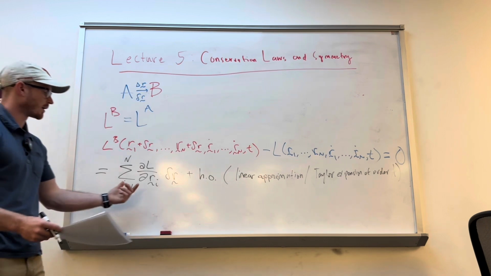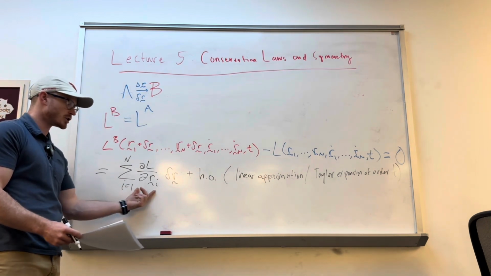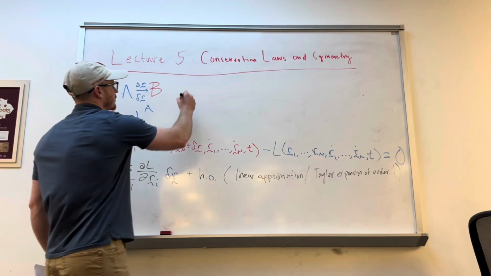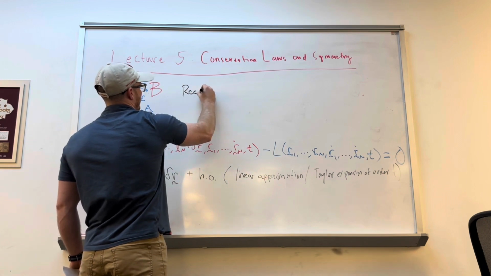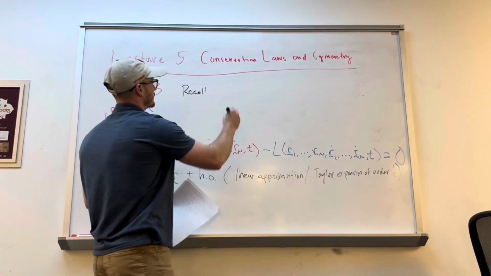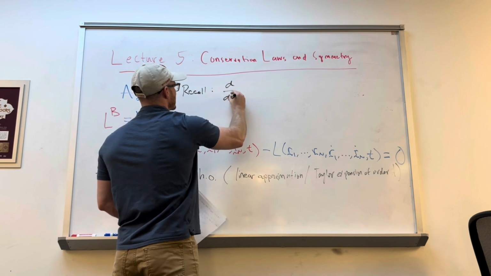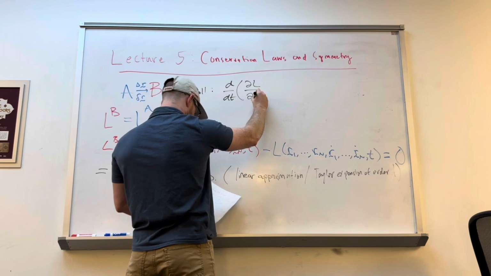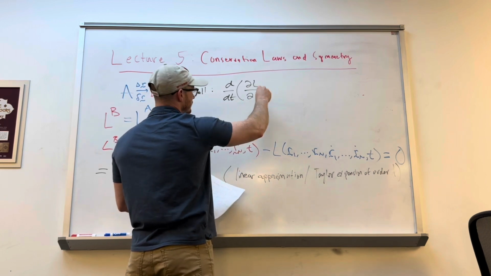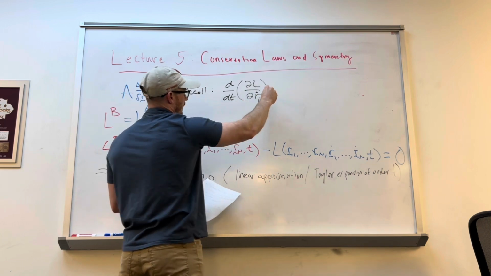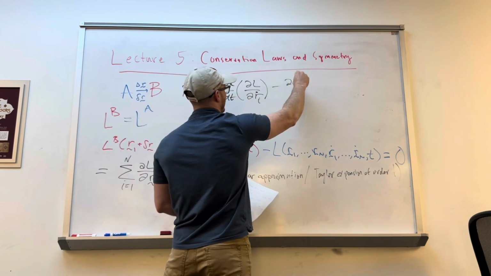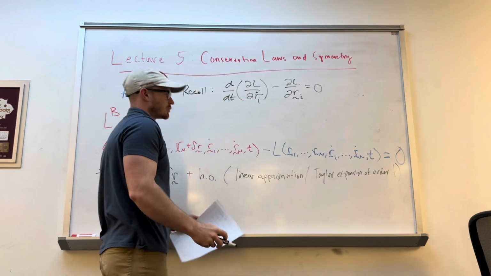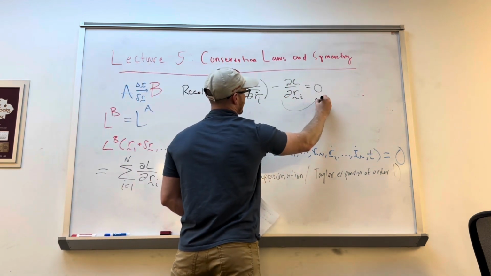Now, there's a quantity here which we can relate through the Lagrange equation of motion to another quantity, right? If you recall, the Lagrange equation of motion was d dt partial L partial Ri dot, minus partial L partial Ri equals 0. So we can move this to the other side.